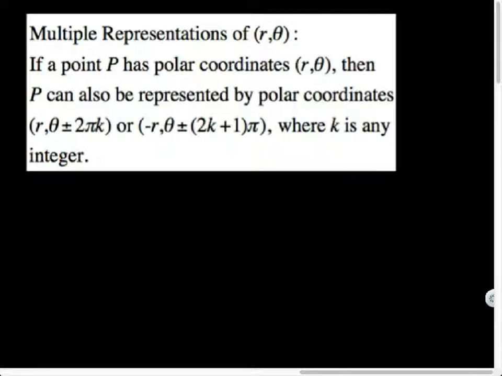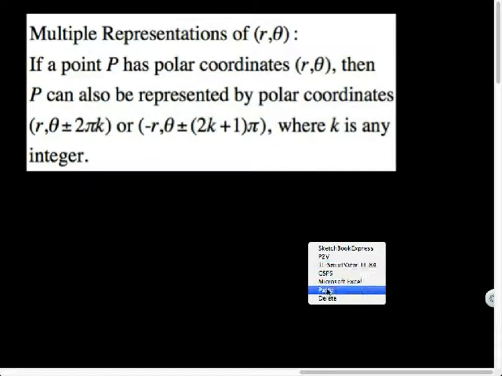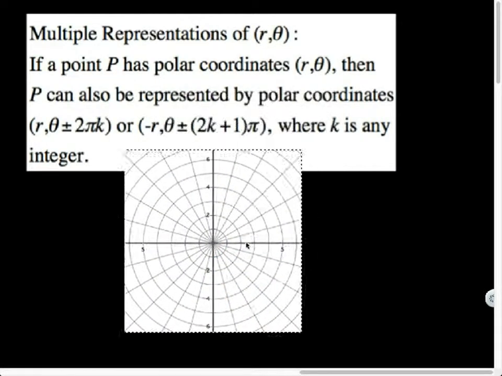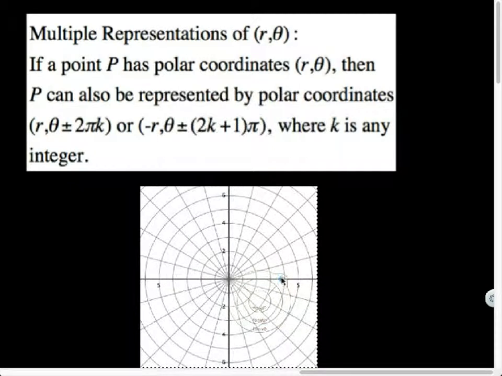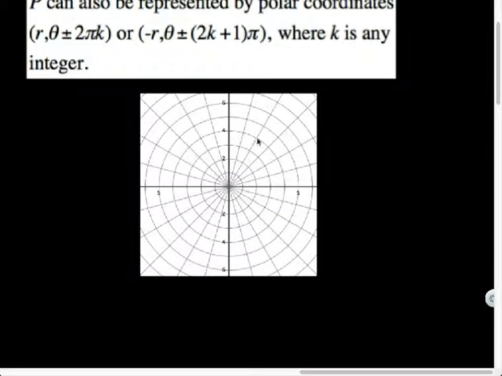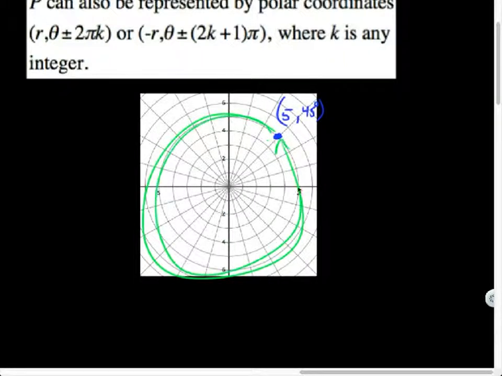So let me actually grab a little grid here, just to make this point a little clearer. So if I have this point here, let's say, so that's 5 comma 45 degrees. I could have also found that point by adding any number of 360s to it, right?